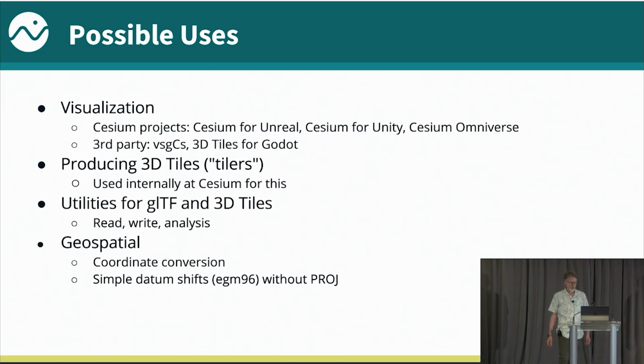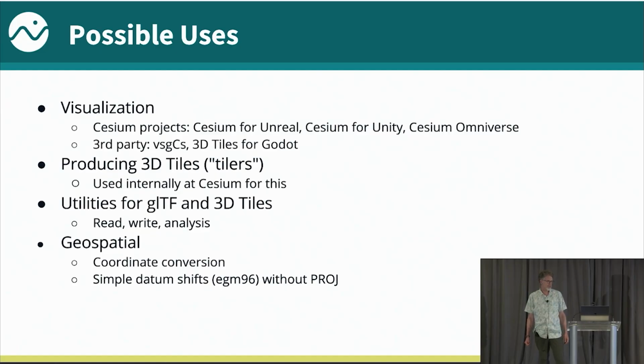Another use is going the other way for doing I/O with 3D tiles. This is gaining more traction at Cesium to use Cesium Native to actually write out our 3D tiles in glTF. Cesium Native is relatively new compared to those tilers, but it is gaining traction there.